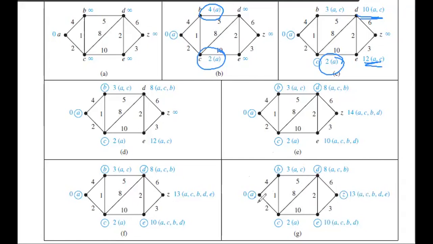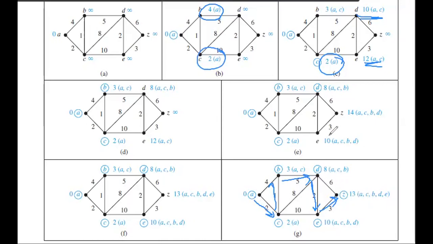We are traversing in this way, A to C, C to B, B to D and then D to E, E to Z. This is the way we are traversing through the edges to have the shortest path from the source vertex A to the destination Z. So this is the conclusion of your Dijkstra's algorithm as a problem.